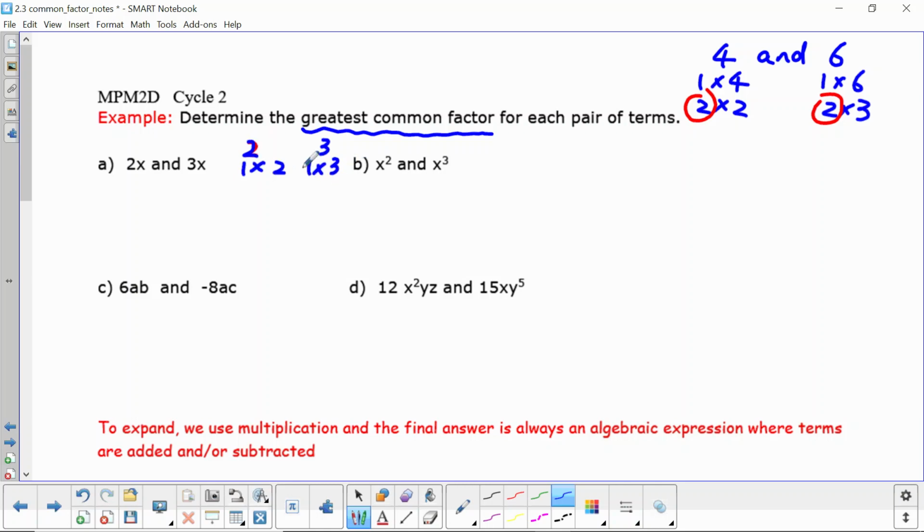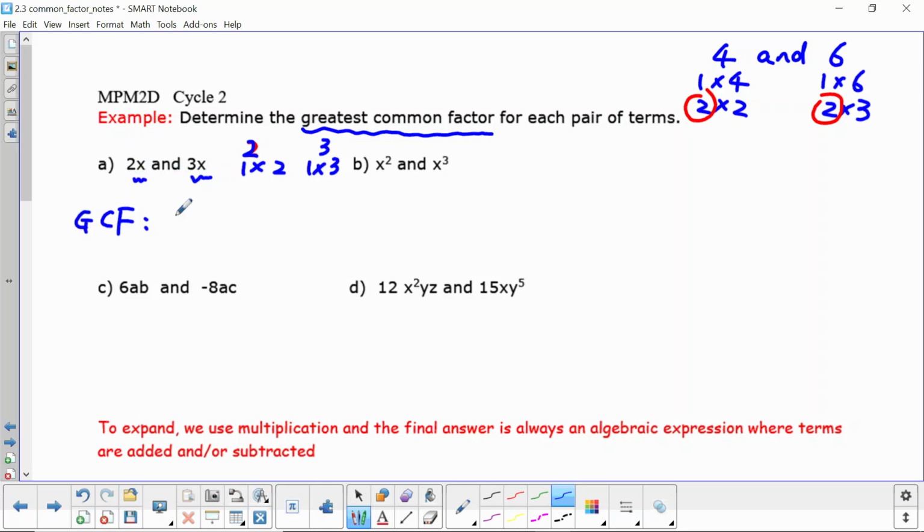We don't count the 1 as a factor, so there is no common factor for 2 and 3. And for the variable, we have x and x. They are the same, so the common factor will be x. So the greatest common factor means we are looking for the common number or variable from all the terms.